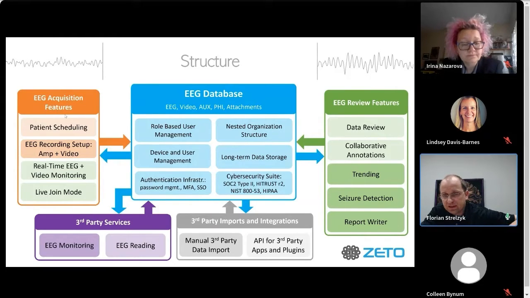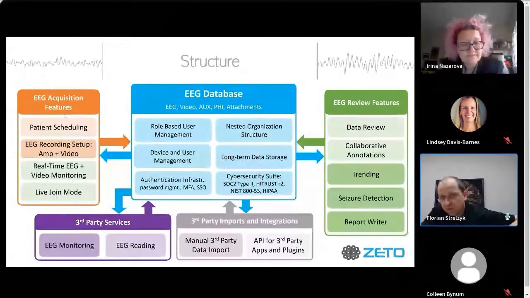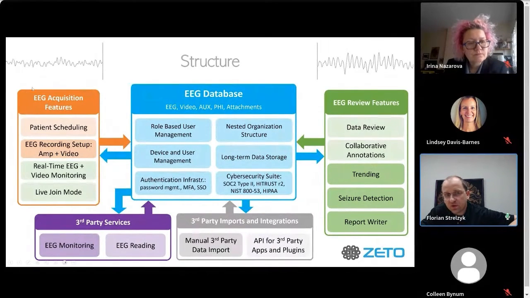Last but not least, we have third-party import and integrations. What does that really mean? At the beginning, I said you record EEG data using our headset to get data into our database, into our cloud platform. Now you can also import data from other sources. Let's say your Natus, your Neurocodon, your Cadwell systems.